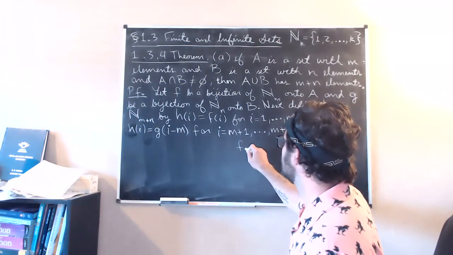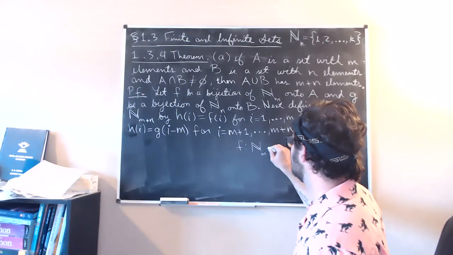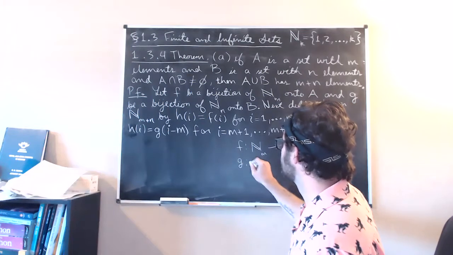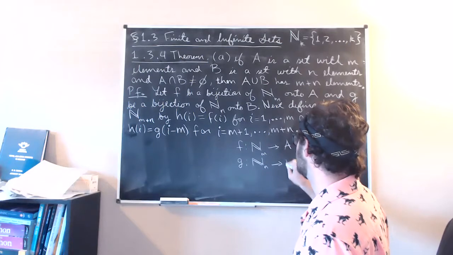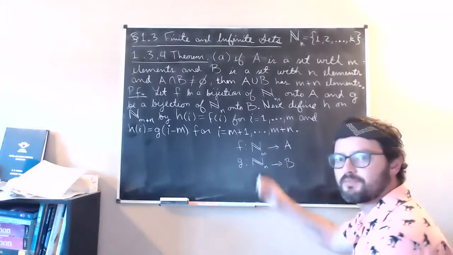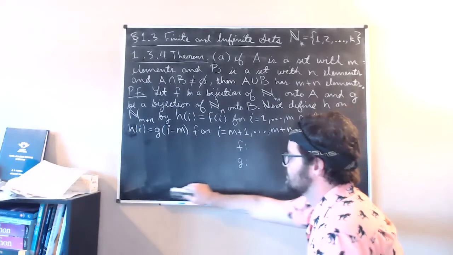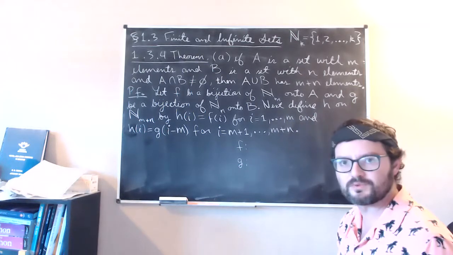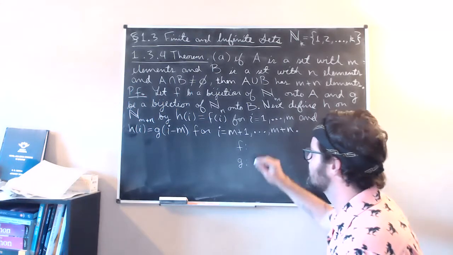So we know that F is a bijection from this set to A, and we know that G is a bijection from this set to B. Another way of writing this, by the way, the notation can be somewhat confusing at first, and for a lot of you, this is the first time you're really encountering rigorous mathematical arguments, so I'm going to try to break it down as much as I can.